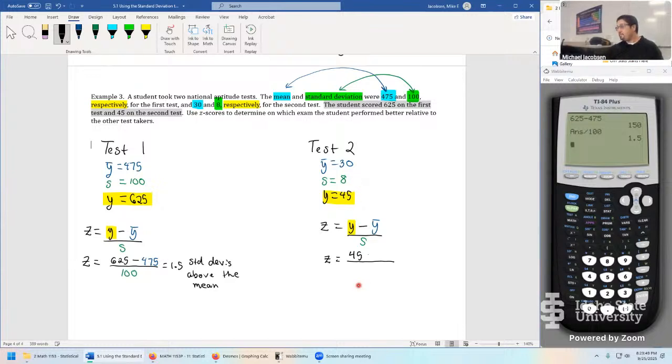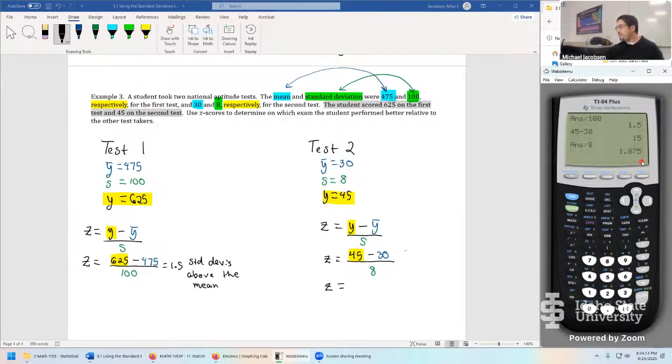So go 45 minus y bar, which is 30, divide by s, which in this test 2 was just an 8. We'll have in the calculator 45 minus 30. Hit enter to compute, then divide by 8.